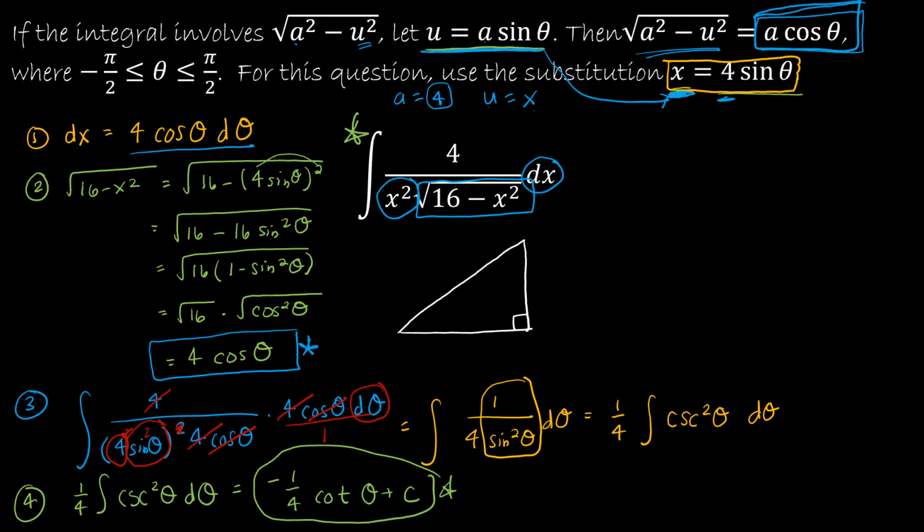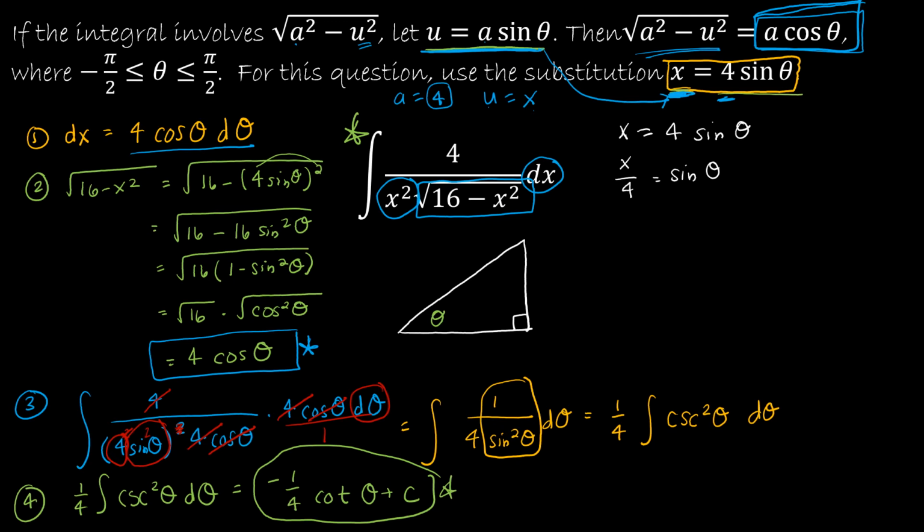Going back to x equals 4 sine theta, if I want to get sine theta by itself, I can divide each side by 4 and say x over 4 is equal to sine theta. And so if this angle, you have to choose one of the two acute angles in your right triangle to be theta, and it doesn't matter which one.